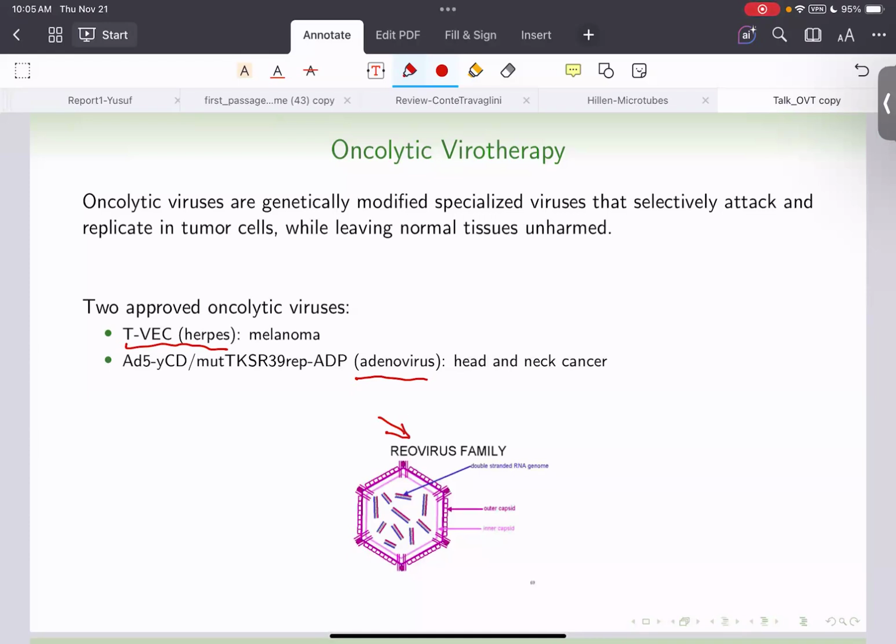I mean, of course, you can imagine there are many different families of viruses and they look different, and there are HIV viruses and so on. There's hepatitis A, B, C, and all these kind of things. And you can classify them in families. And so later I will look at reovirus family, which is double-stranded DNA. DNA is sitting inside this virus, which is surrounded by certain layers of protein, which produce, in this case, a hexagonal kind of arrangement.